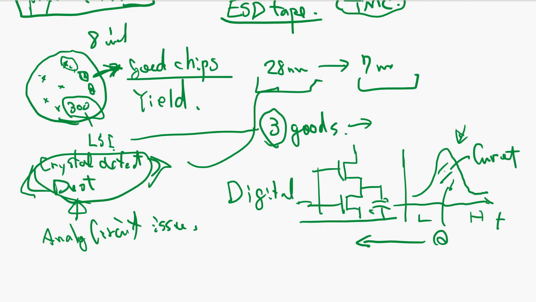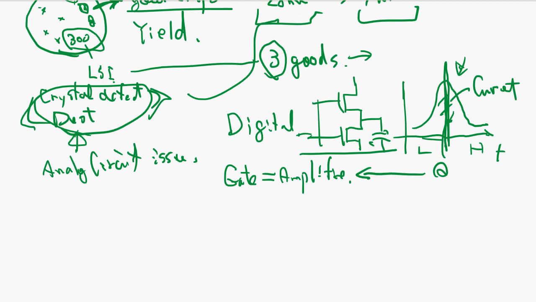And also, when you switch in the middle around here, this gate is an amplifier. And you know what happens to the amplifier?